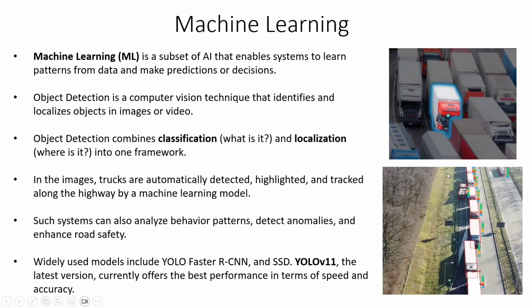We additionally have object detection. Object detection is a technique that does classification and localization. Localization is what is this? This is a truck, and where it is in the frame. The images and trucks are automatically tracked and detected if we train the model.